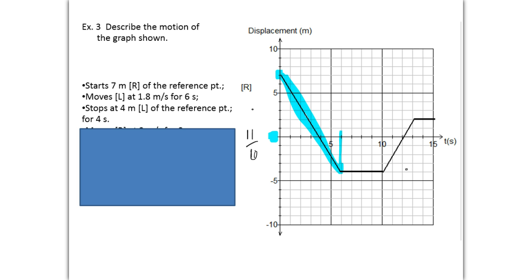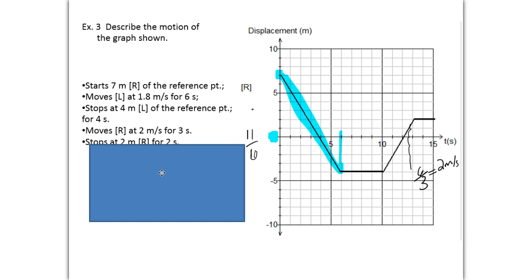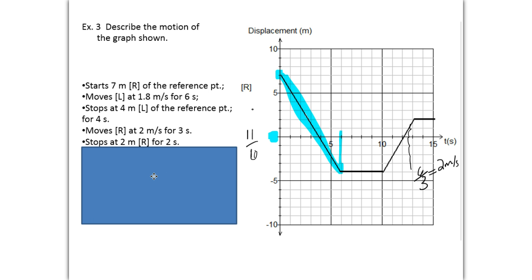So it would rise 1, 2, 3, 4, 5, 6, 6 over 3, or 2 meters per second. And then, lastly, the object stops at 2 meters to the right, and it stopped for 2 seconds.